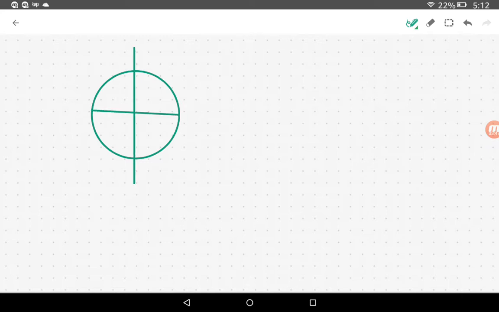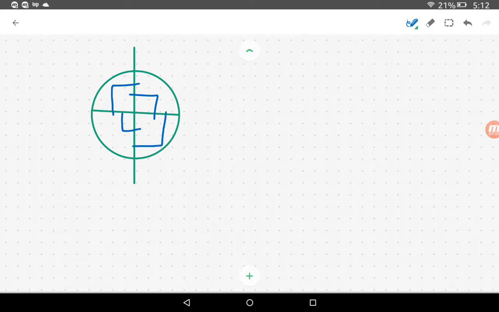So let's consider a circle. As we all know, in this circle there are 4 right angles. This is a right angle, this is a right angle, this is a right angle, and this one is another right angle.